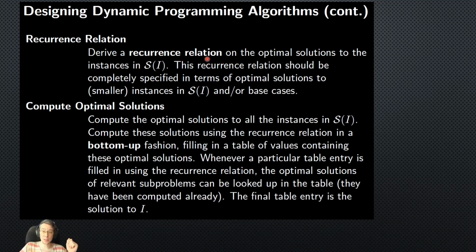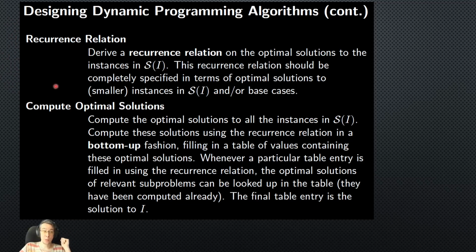It's going to be a recurrence relation on the optimal solutions to the subproblems in S of I. This recurrence relation is going to be completely specified in terms of optimal solutions to smaller instances in S of I and to base cases. And this is going to be something tricky and new for you guys, perhaps. Hopefully it will become a lot clearer when we see an example.